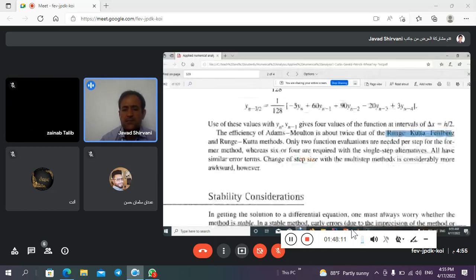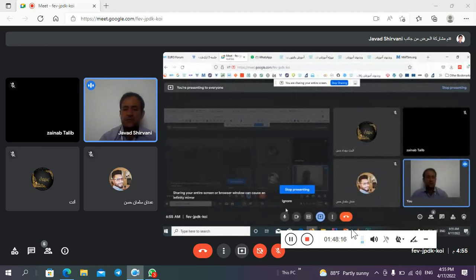Stability consideration is a concept of seeing or taking a differential equation or solutions of a differential equation from different viewpoints about how the error propagated from one step until the next step.